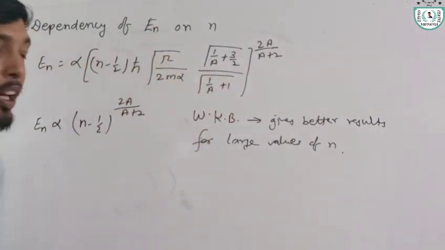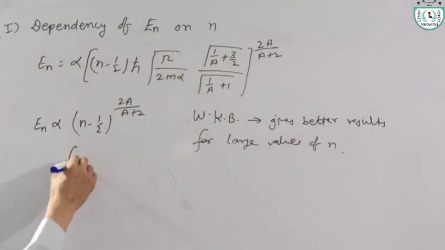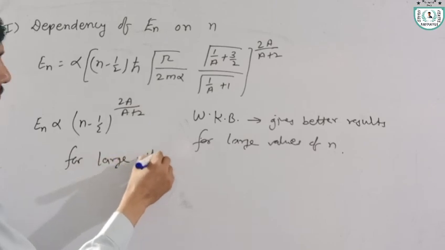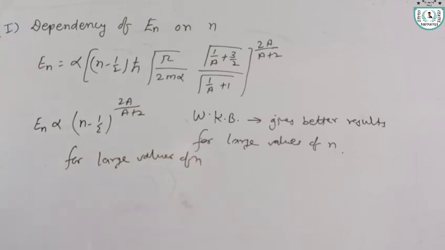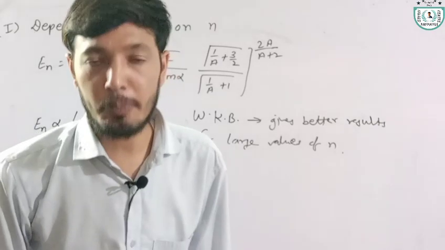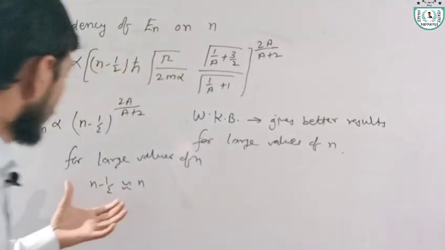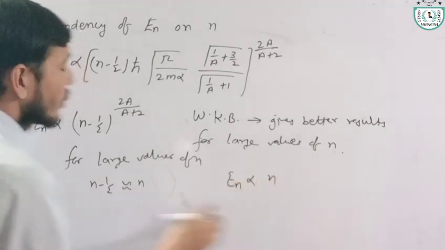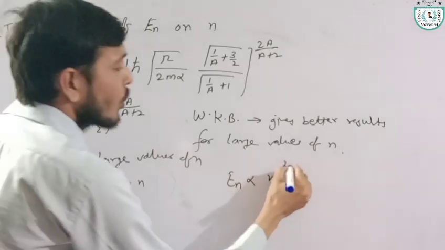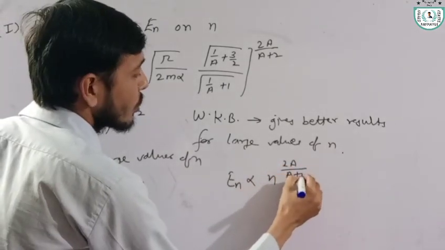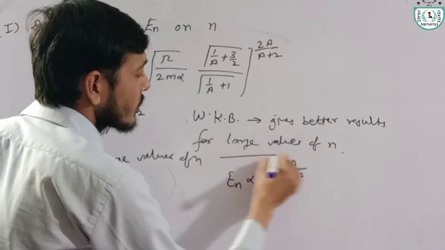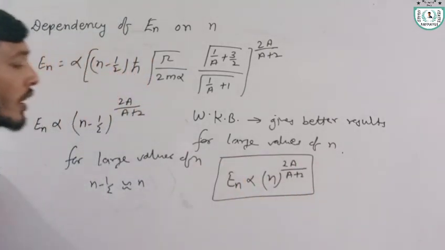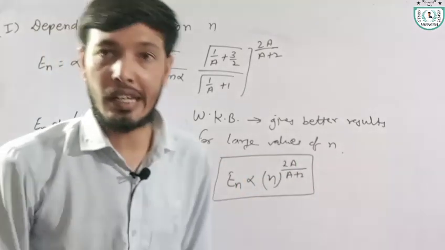For large values of n, we can say n − 1/2 is approximately equal to n. After applying this, En is proportional to n raised to power 2a/(a + 2). This is the dependency of En on n.